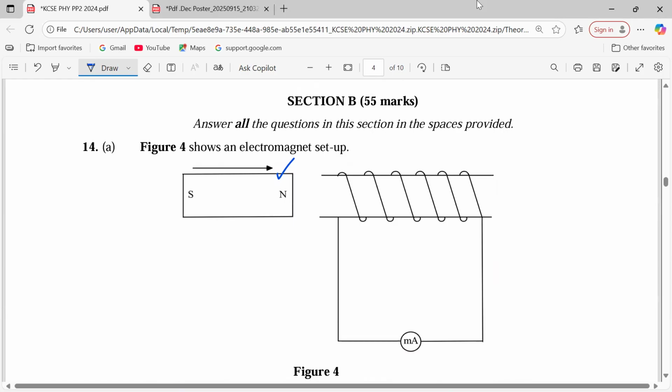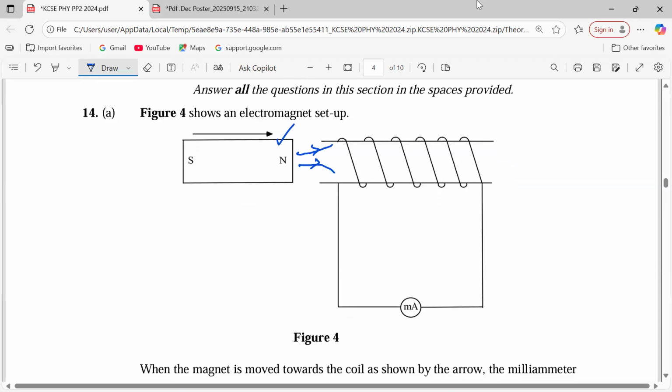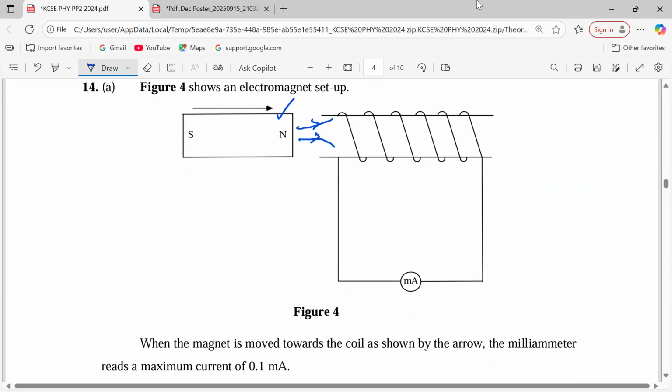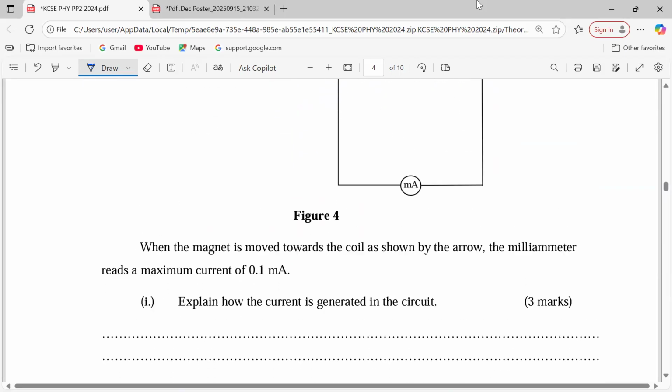Therefore, we will have the magnetic field lines linking with the coils. So these are magnetic field lines from the magnet. They link up with the coils. Hence, an EMF is generated. The induced EMF is the one which will lead to the flow of some current. So that is the point.